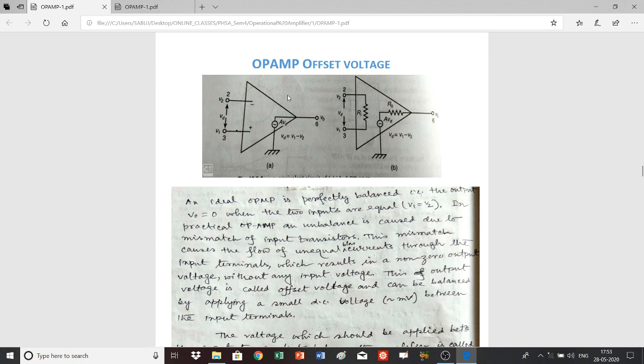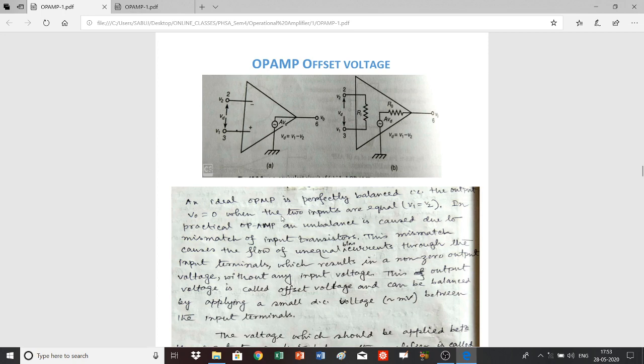But this is true only for an ideal op amp. In a practical op amp this does not happen, due to the lack of symmetry of the constituting elements, as well as the mismatch in the constituting transistor connections.